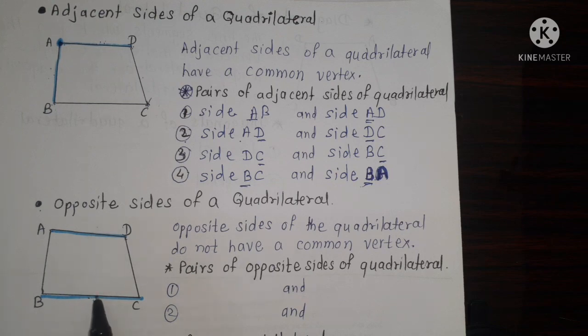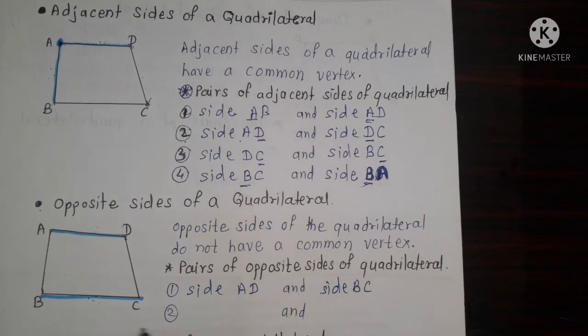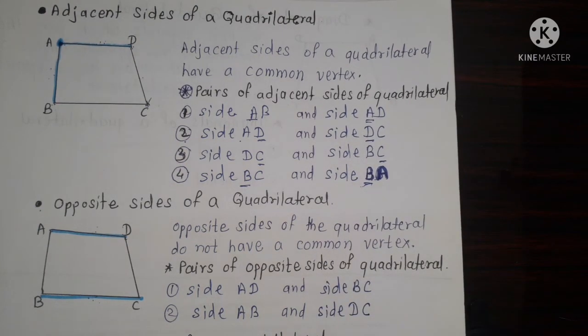First, this blue side, side AD, is opposite side BC. Second, side AB is opposite side DC. I use the same color for the opposite sides.